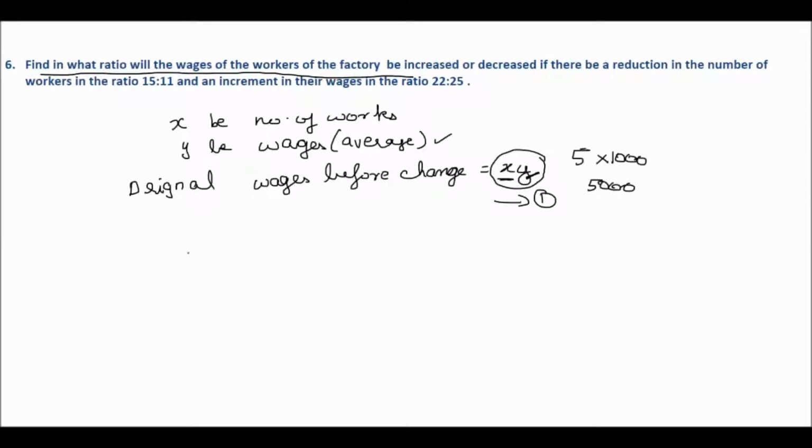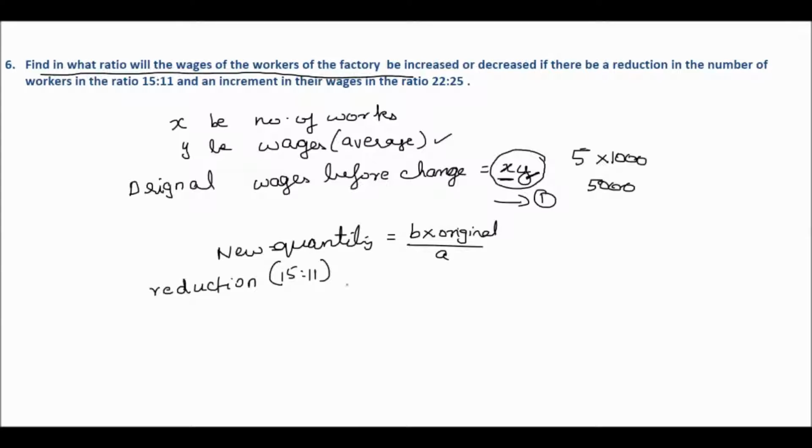Now we saw, if the ratio is increased or decreased, we find the new quantity. This is the formula we learned: new quantity is equal to B into original quantity divided by A. Now here, reduction in the number of workers is 15 is to 11.